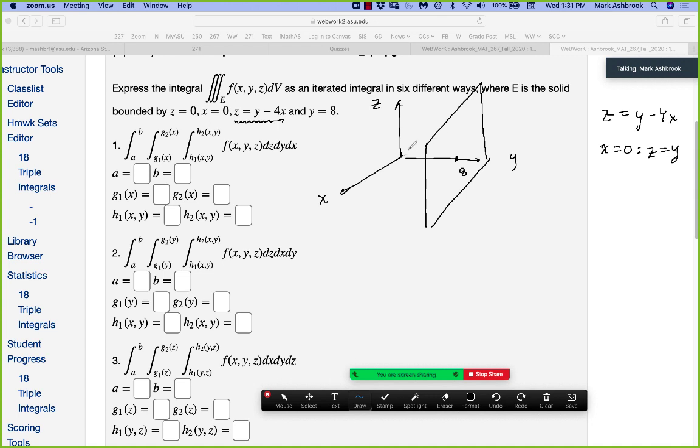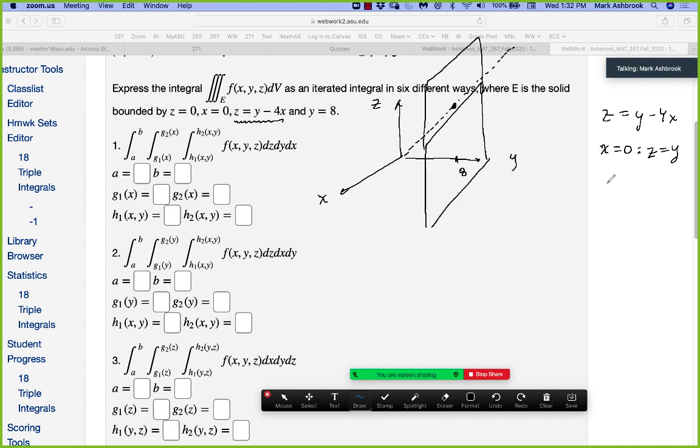It's like this. So we should extend the y equals 8 plane up a little bit. It goes right through that point in the plane y equals 8, and then it comes through the other side.